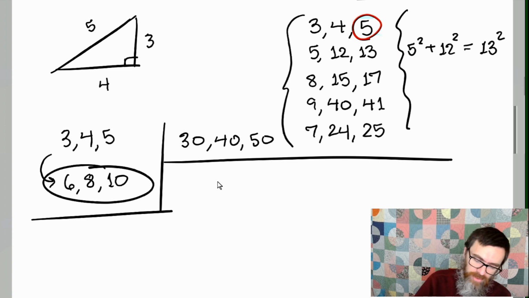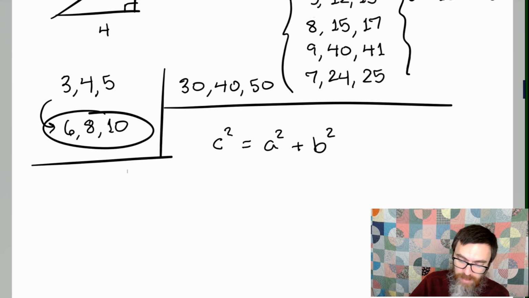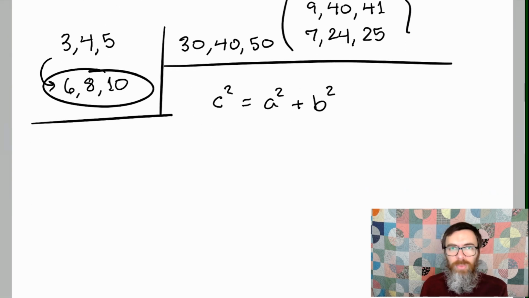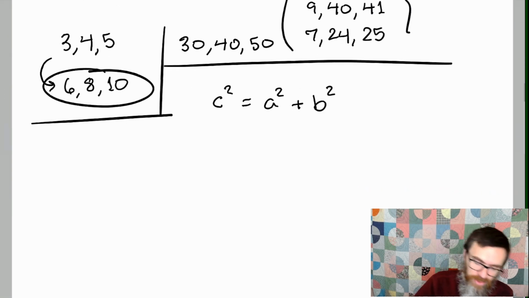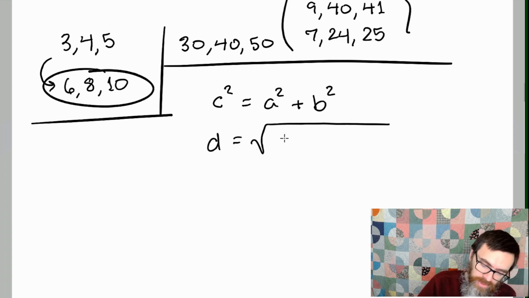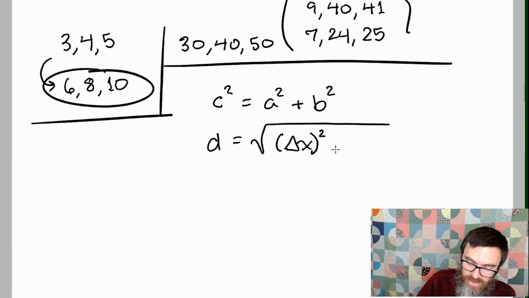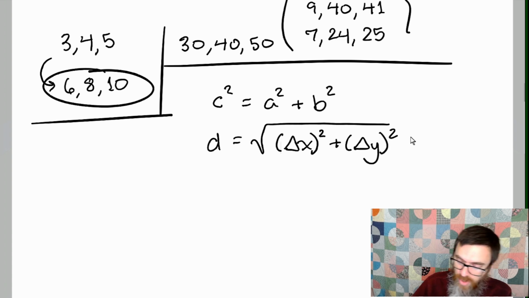Now, with the Pythagorean theorem, let's rewrite this just a little bit differently, kind of backwards. c squared is a squared plus b squared. This becomes the basis for our distance formula from college algebra, that would say your distance is equal to the square root of, the way I write it, the change in x squared plus the change in y squared.